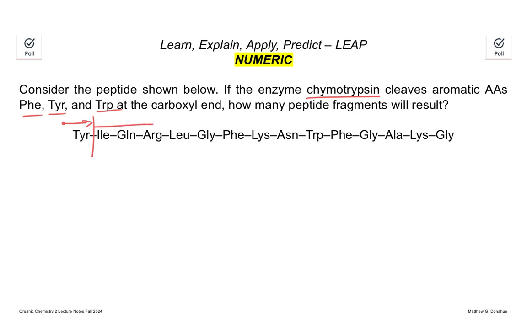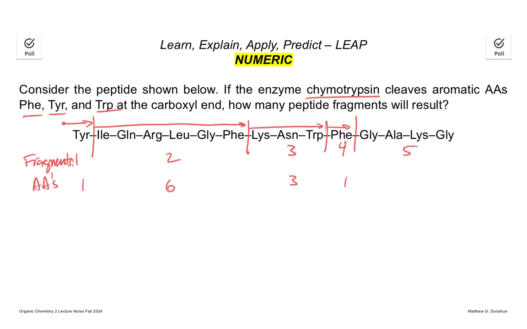I think we're going to read until here, and then clip. So that's 1, 2, read until here, and then clip, 3. We see phenylalanine's right next door, so we clip there. So 5. So this is 1, 2, 6, 3, 1, and 4 in terms of the number of amino acids.